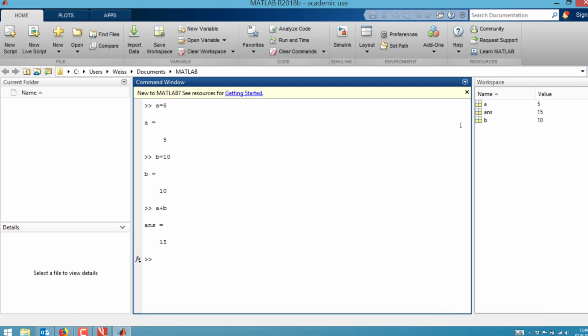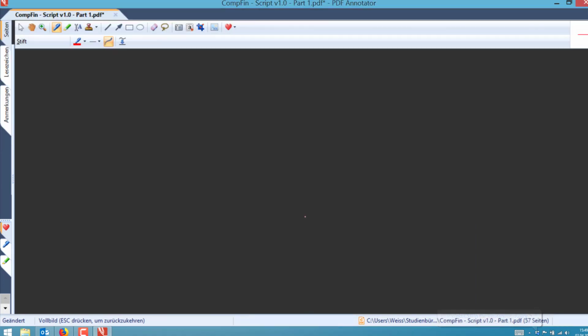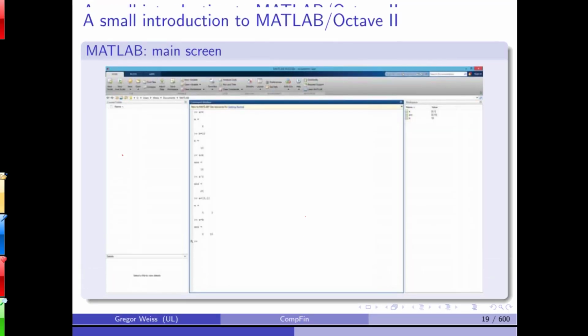You can see the values, and it has become quite nice and user-friendly in the last years. Actually, I only found out that MATLAB now looks like this when I got the license a couple of weeks ago. And you have some new things added to MATLAB 2018. Okay, so that's MATLAB in higher resolution and in action.